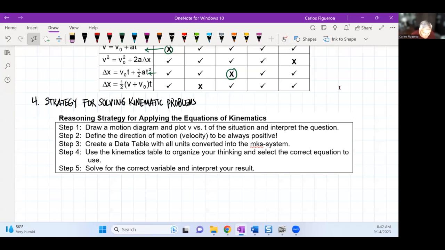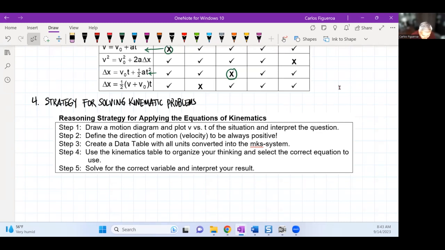So step 1, draw a motion diagram or plot velocity versus time of the situation and interpret the question. So when I say a motion diagram, or if I say plot velocity versus time, that means it includes numbers. We haven't been doing that. We have to include numbers now.